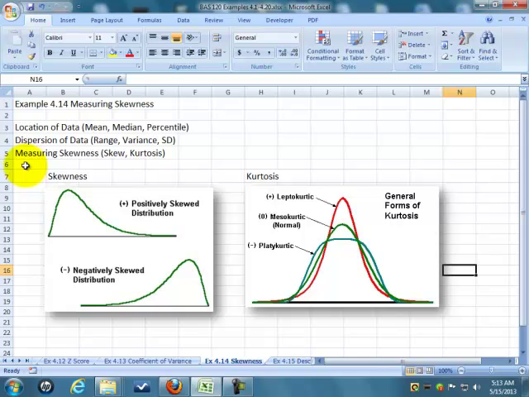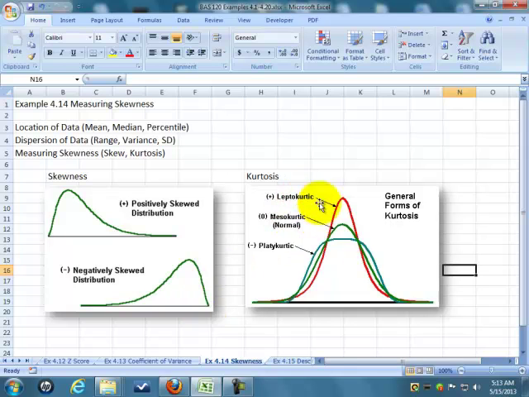Well, if you're like me, you go, what the heck is skewness? Skewness is two things. First of all, there's skewness, which means, is my data skewed to the left or is it skewed to the right? If it's skewed to the left, it looks like this, and it's called positive skewness. If it's skewed to the right, it's negative skewness.